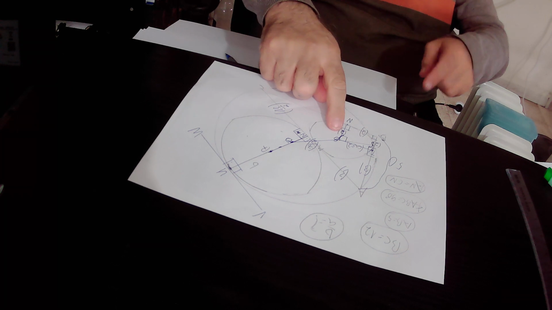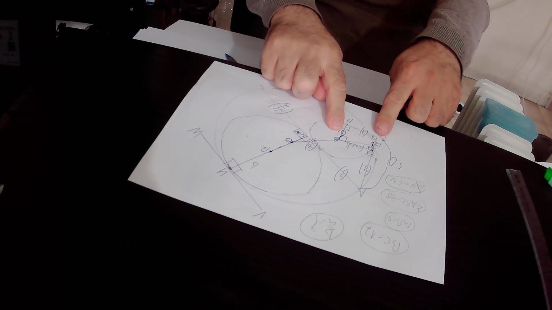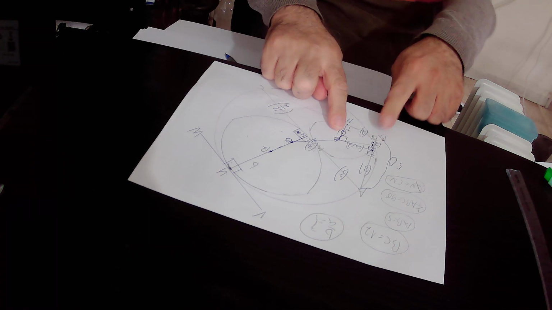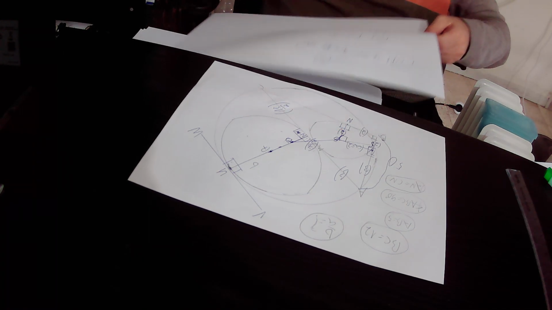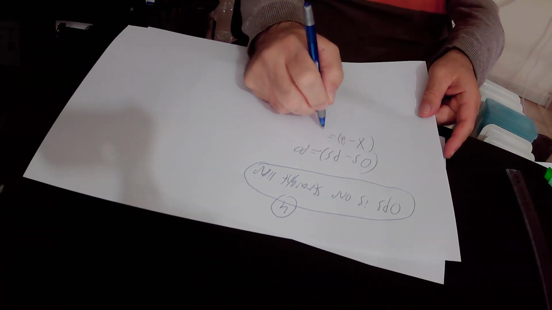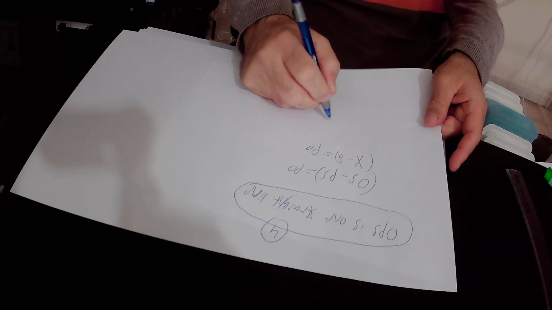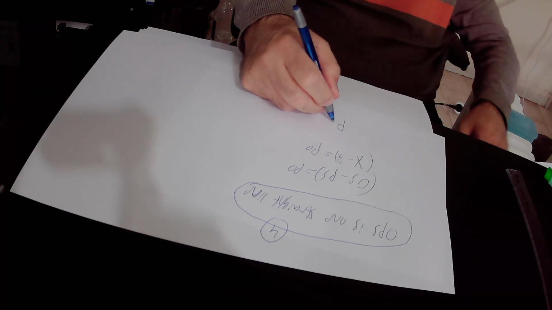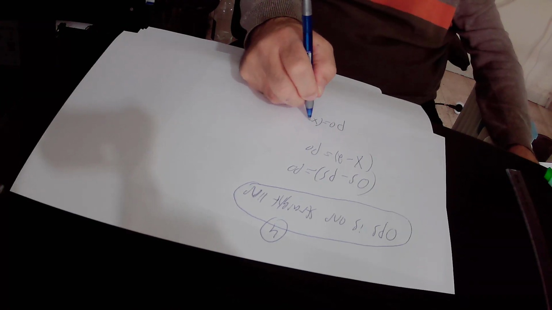P is the center of the smallest circle, S is a point on the smallest circle itself, therefore PS is the radius of the smallest circle, which equals 2A. A equals 2, so PS is 2, so we substitute PS by 2. In conclusion, we found out that PO equals X minus 2.